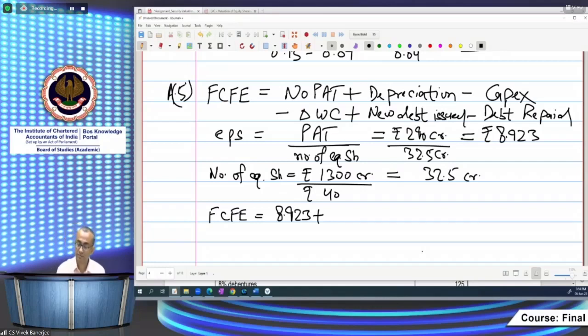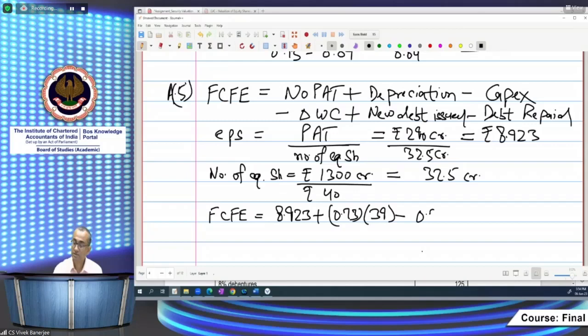So it will be 0.73 multiplied by depreciation, which is the 73% equity portion. So depreciation is 39 per share, minus capex, capital expenditure given in the question, 47.